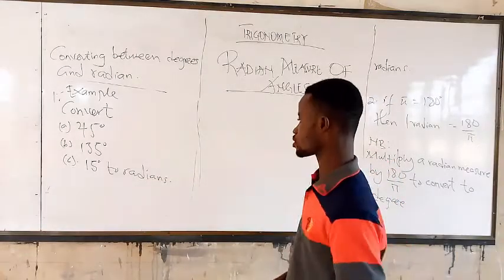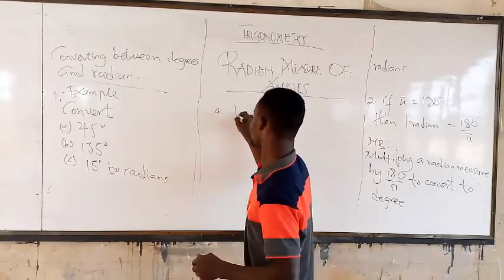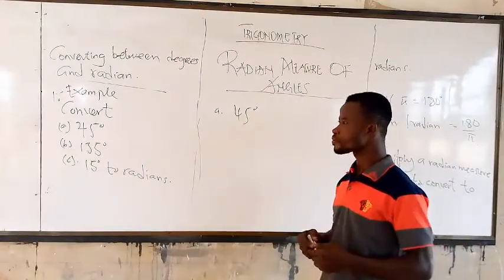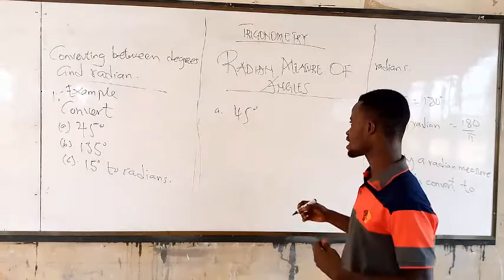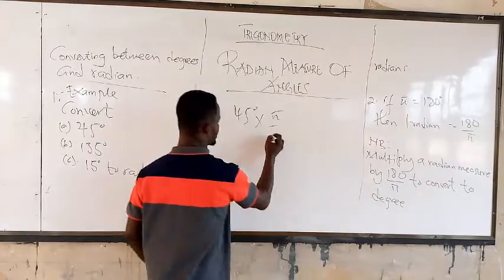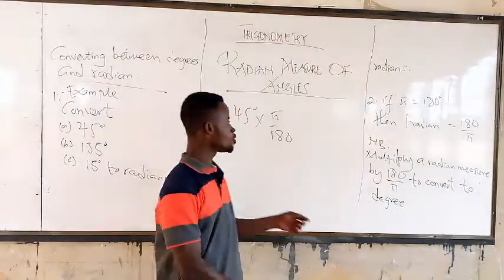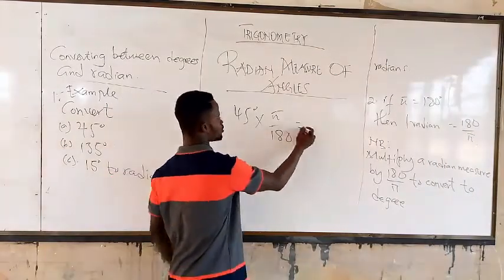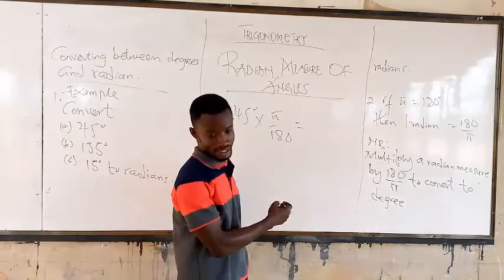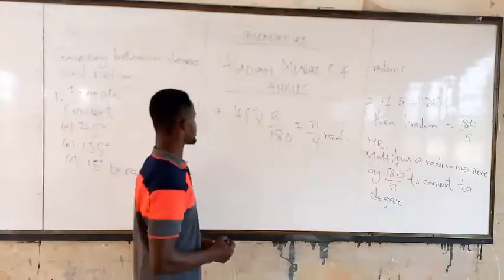If you have 45 degrees and you want to convert to radians, just multiply by pi over 180, and we are going to get pi over 4 radians.